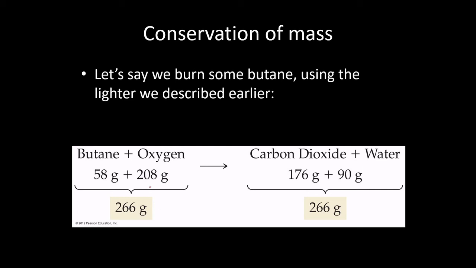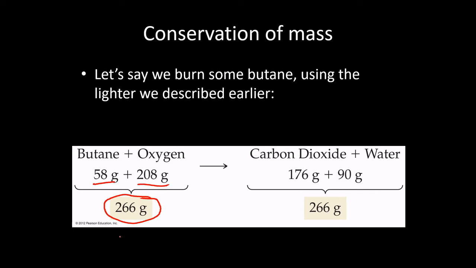So in that reaction we saw a few slides ago, where we had butane burning in the lighter, if, for example, we burned 58 grams of butane with 208 grams of oxygen, that would be a total of 266 grams of stuff that reacted.